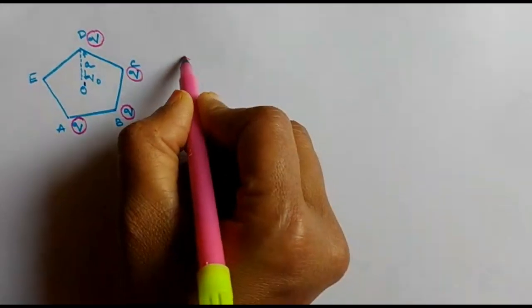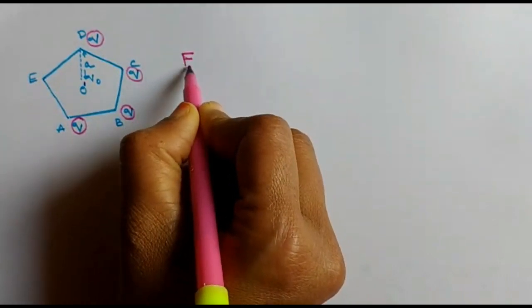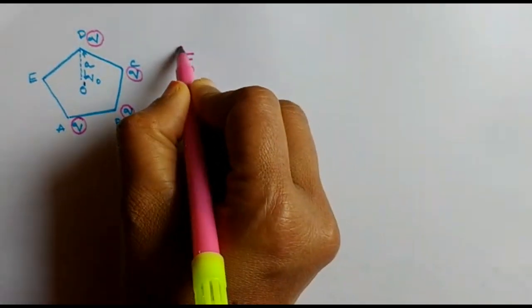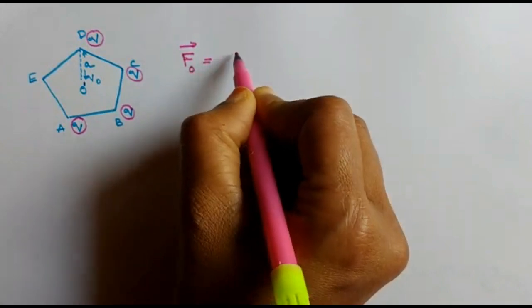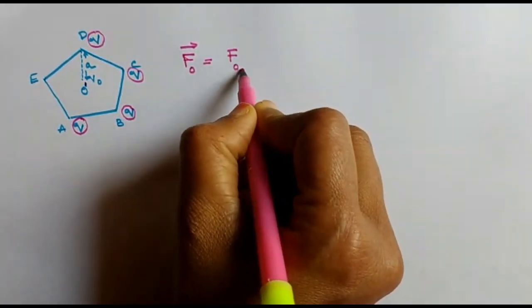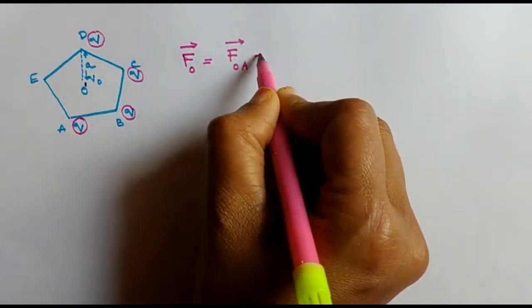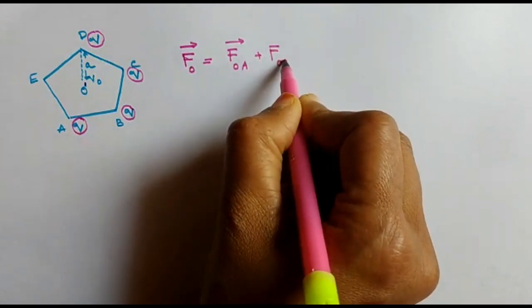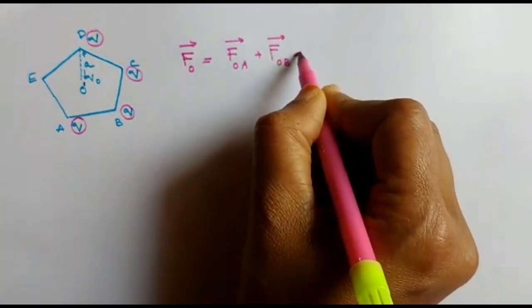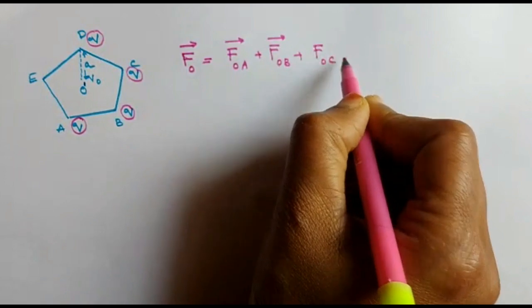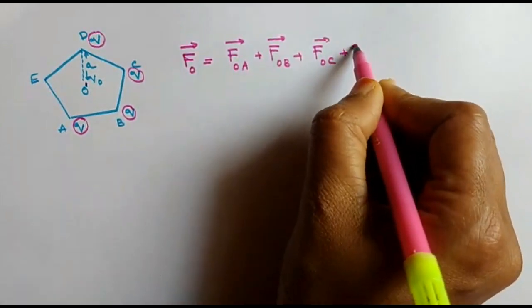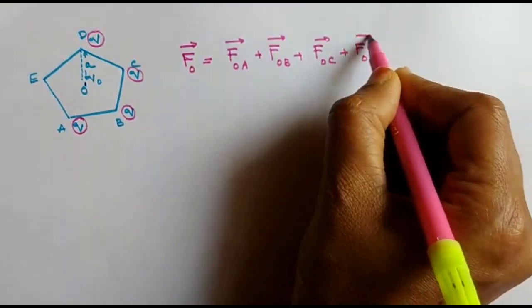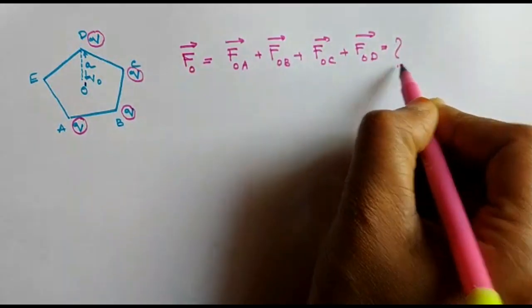So write the equation. The net force acting on O is force on O due to A plus force on O due to B, force on O due to C plus force on O due to D. This is what I am asking you to evaluate.